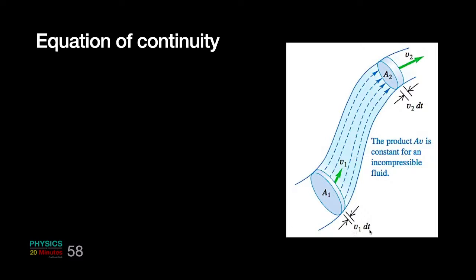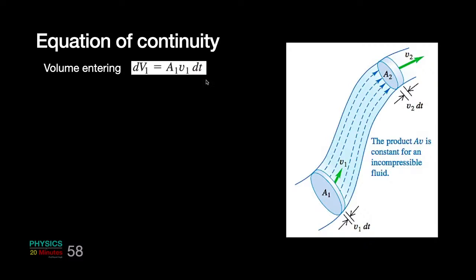Remember, velocity is distance upon time, so distance is velocity into time. So this small distance traveled in a small time interval dt, at this point will be v1 dt. In a very similar way, the element over here will travel another small distance and it is called v2 dt because the velocity here is v2.